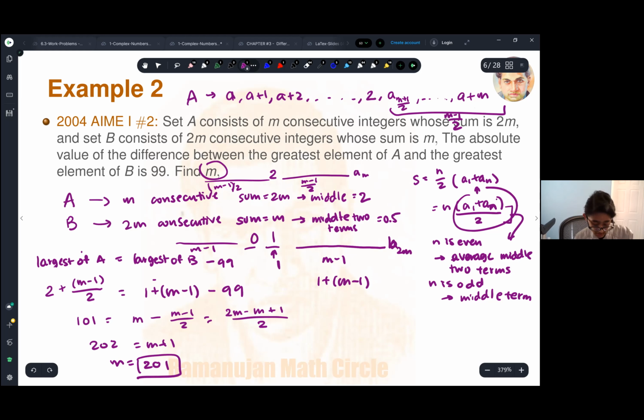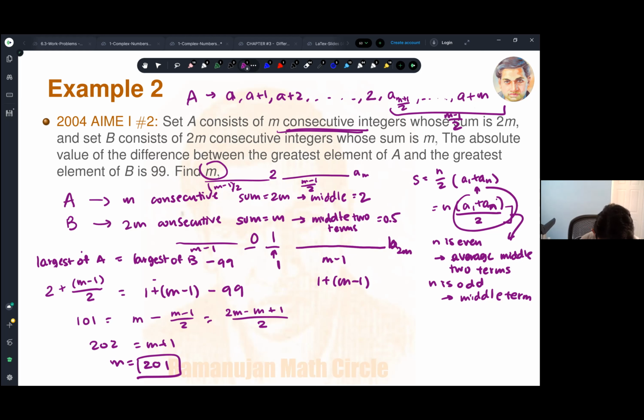So the key to this question really is to recognize the symmetry that we have and what consecutive numbers means, because you don't need to worry about the common difference and introduce a d variable. That's a convenience of this problem. You want to try to reduce the number of variables that you introduce in each question, because that just overcomplicates things.